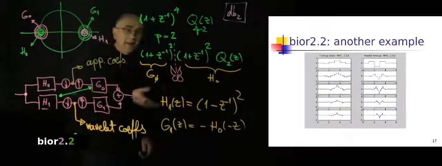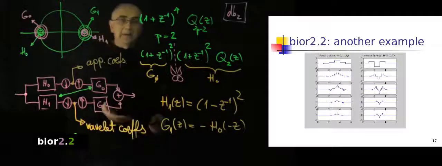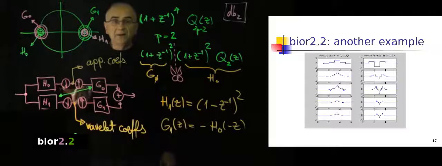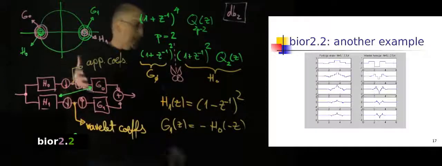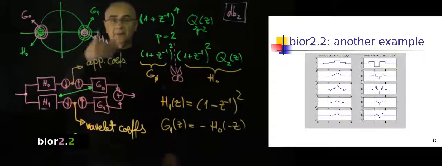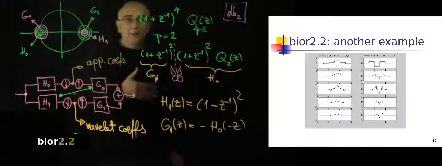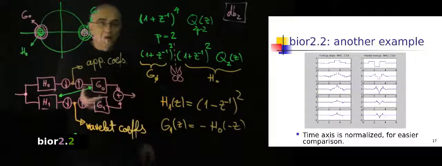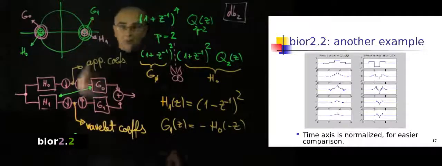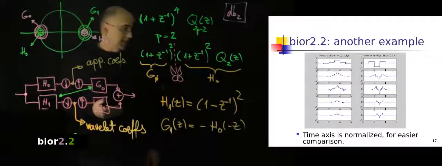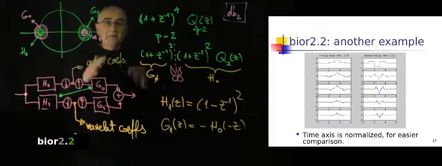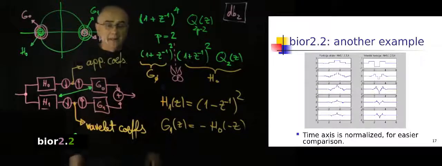In our next slide we are looking at how the analysis functions look at the different levels of decomposition. Just the time axis is normalized for easier comparison between them. On the right hand column we can see that the wavelet functions are kind of nice functions.